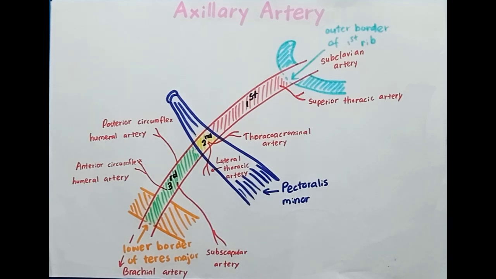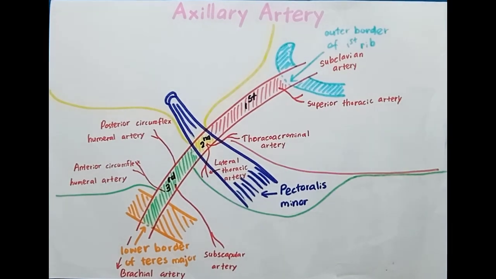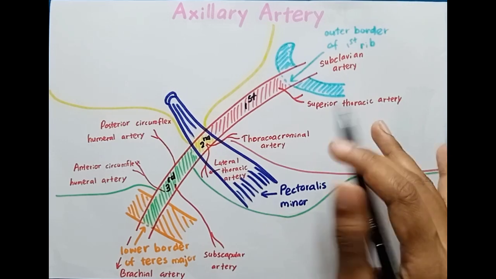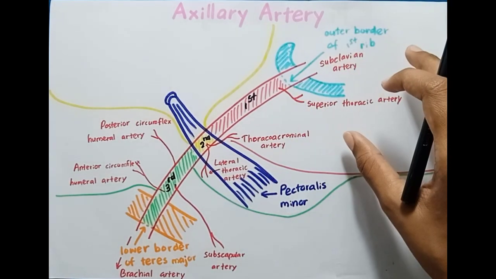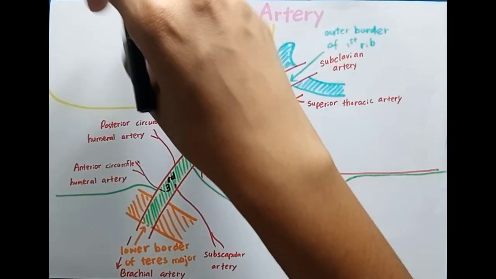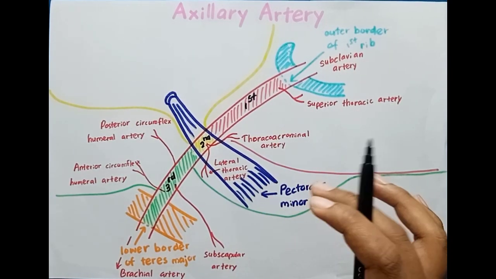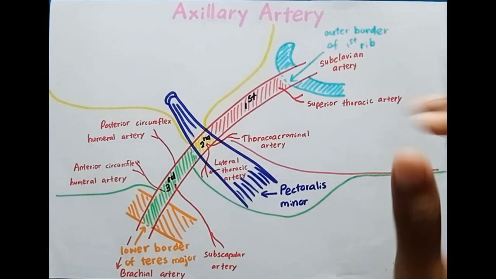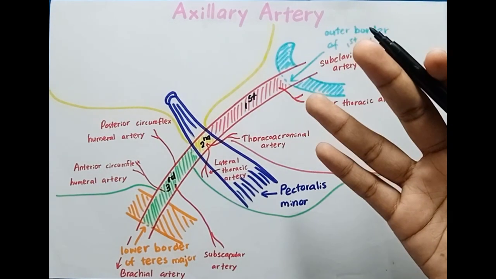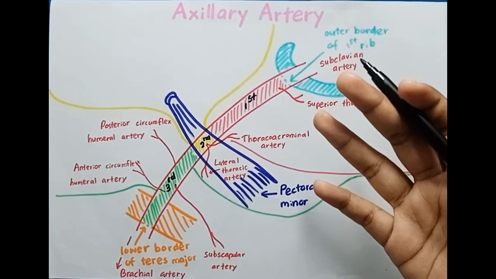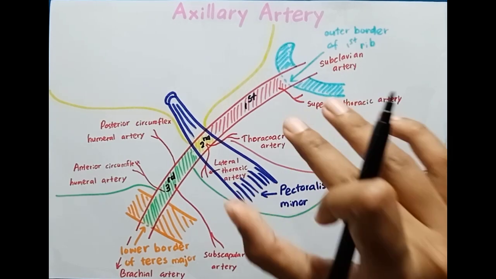Now let's talk about the relations of the axillary artery. Here I will write the relations of the first part, here the second part, and here the third part. For the first part, anteriorly it has the pectoralis major and covering fascia, skin and cephalic vein.